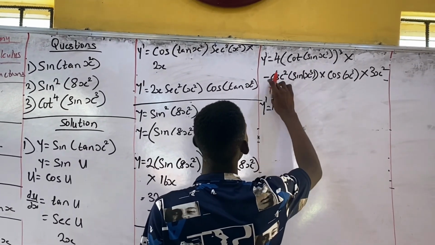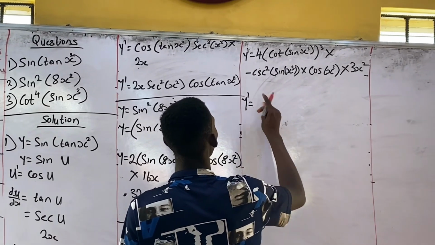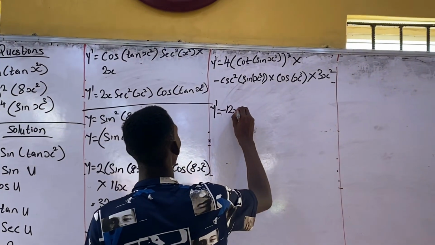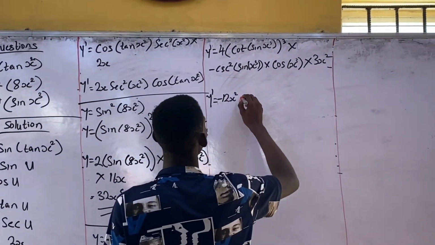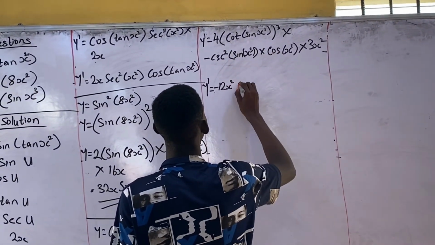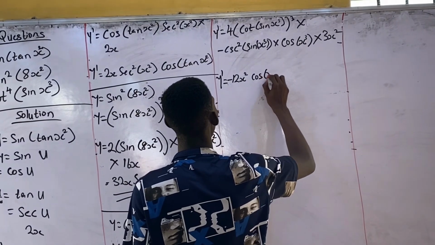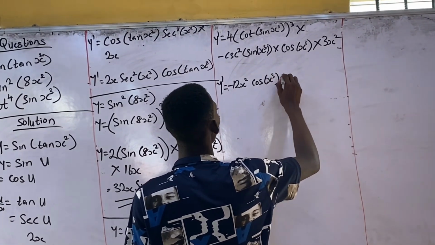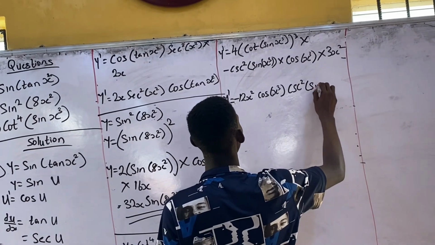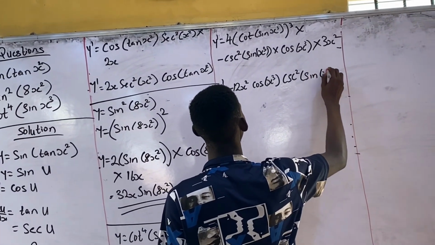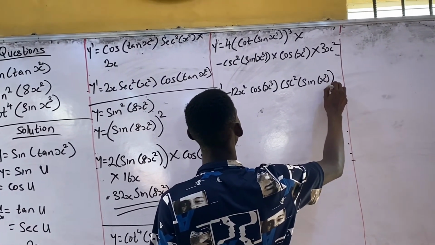Note, our minus sign should come first. So this is minus 12x squared. Then you can now write everything to be positive. Let's start with our cos x to the power of 3, cosec square sine open bracket x to the power of 3 close bracket.